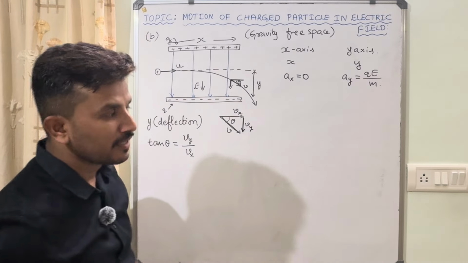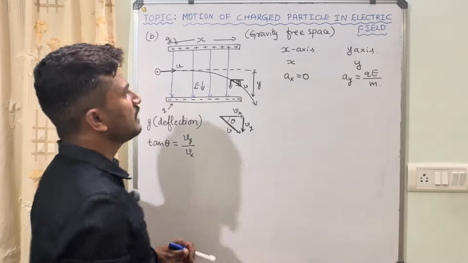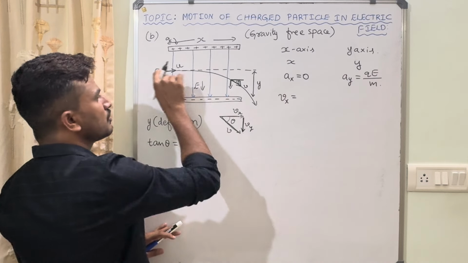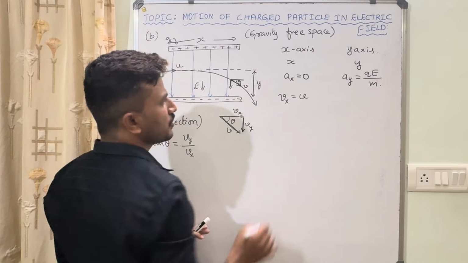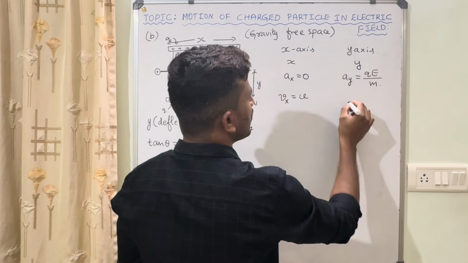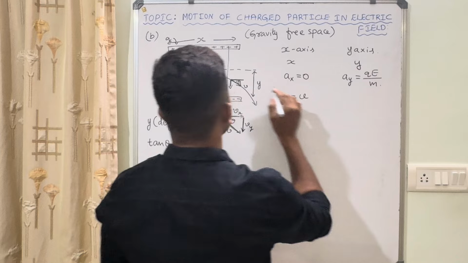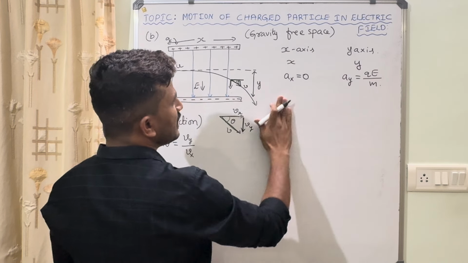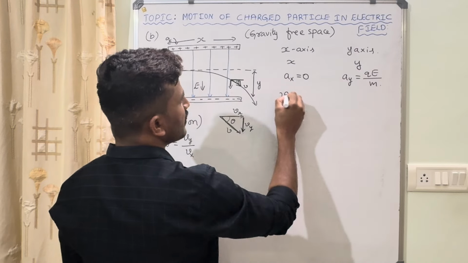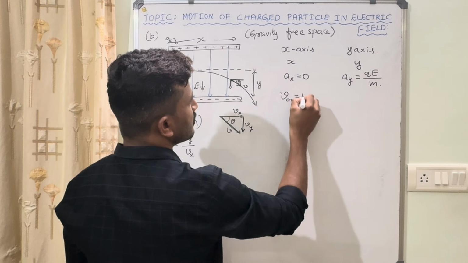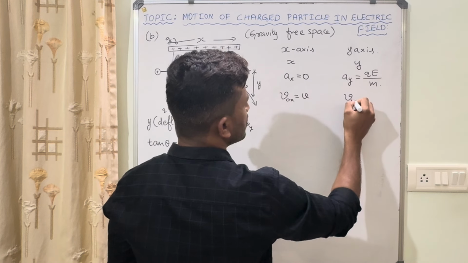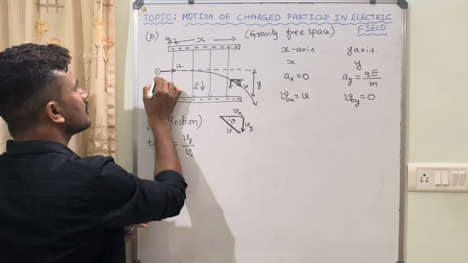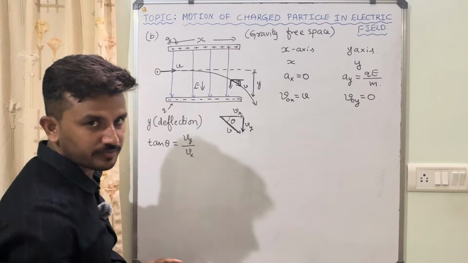Correct now? Now what about the velocity? Velocity along the x-axis, that is u. And what is the velocity along the y-axis? That is Vy. But the initial velocity along the x-axis is u, and the initial velocity along the y-axis is 0.